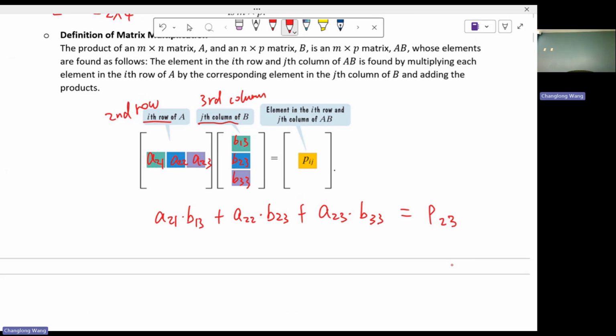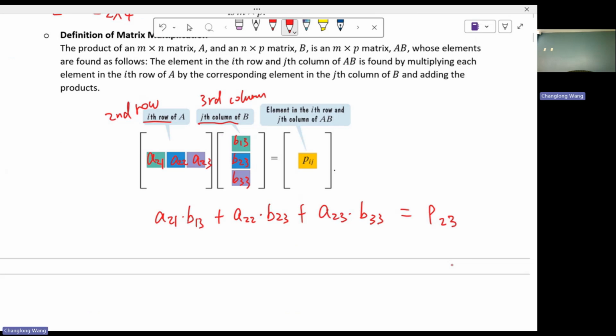You multiply matrices. What you get will still be a matrix. The matrix has many entries, right? Basically, we want to find out every single entry of the product of the two matrices. The way to get it is, let's say you want the second row, the third column after you multiply.